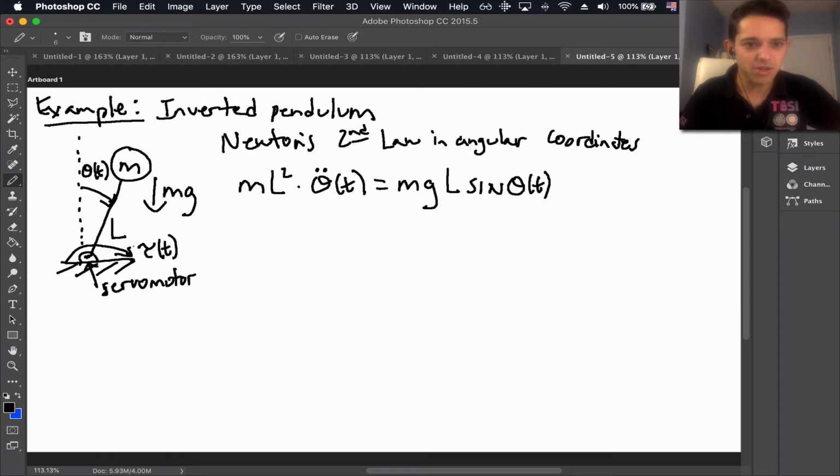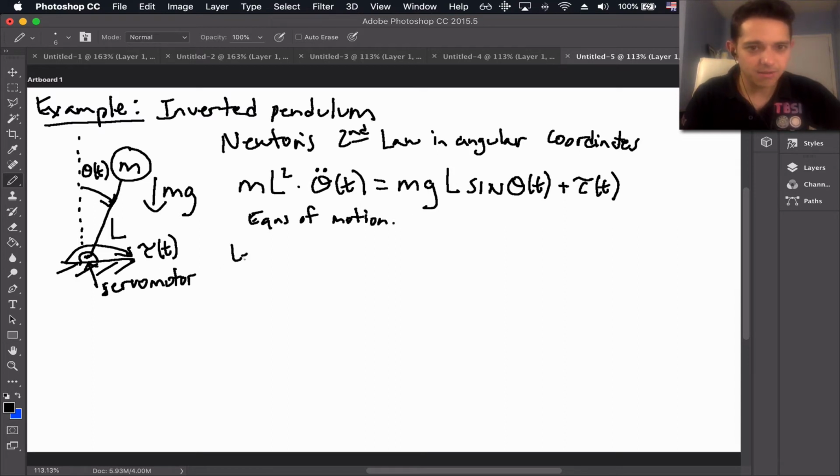And similarly, we also have the motor torque, which is acting in the same direction as gravity here. Okay, so these are the equations of motion, which is essentially an exercise in mechanics to derive.